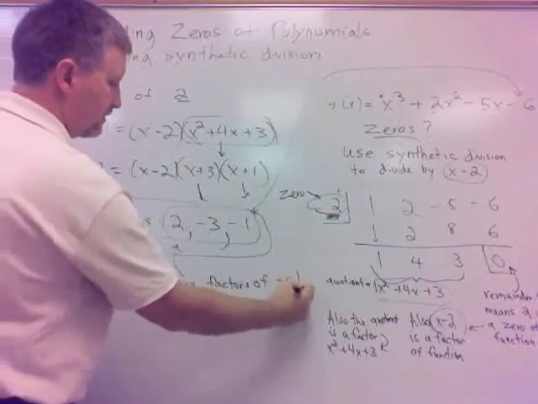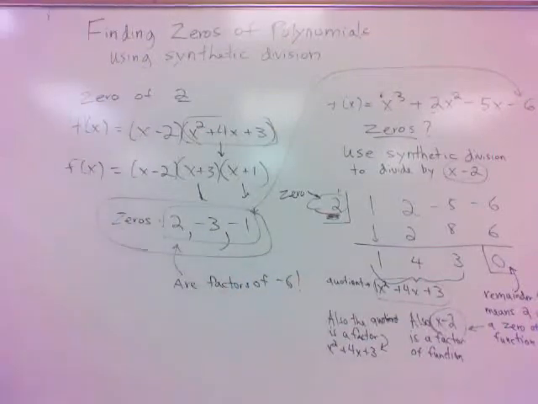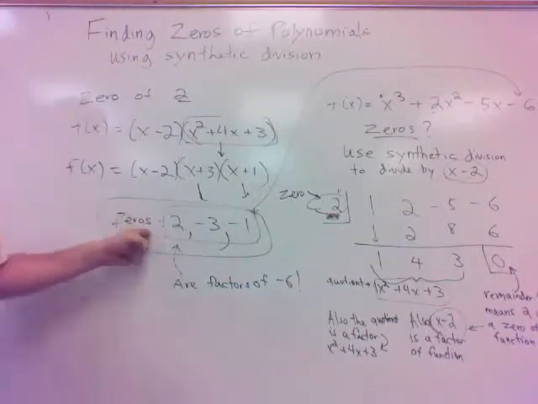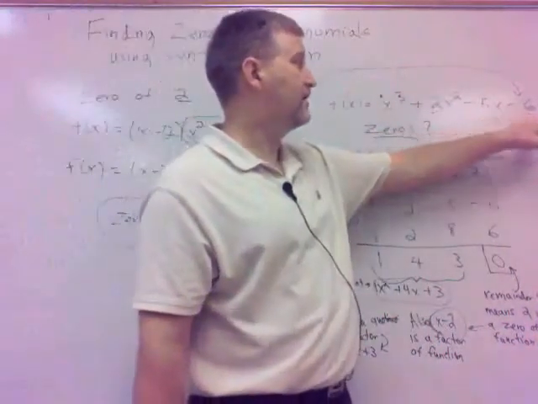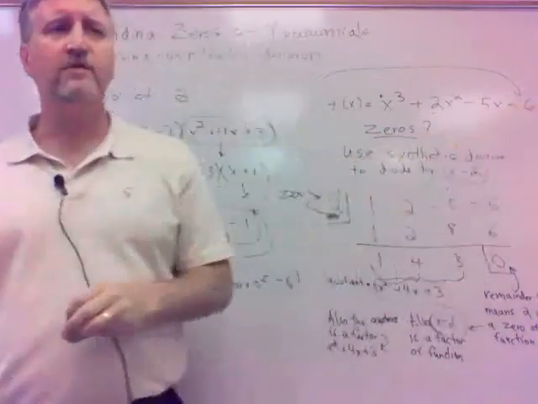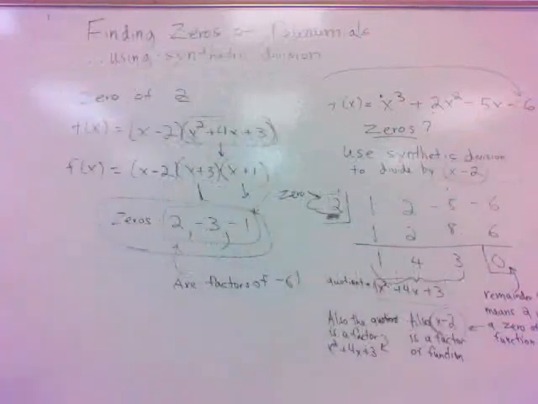And that's not by coincidence. That will always happen. If it's a zero of the function, and it's an integer, it turns out it will be a factor of the constant term.